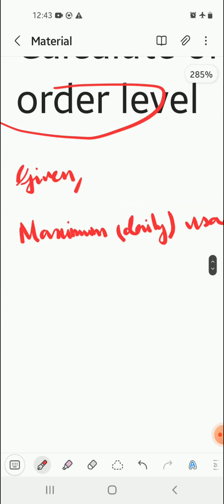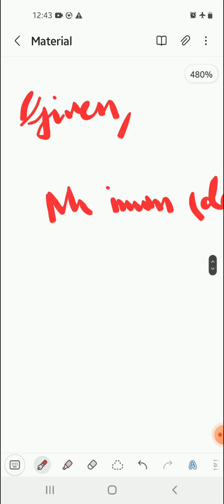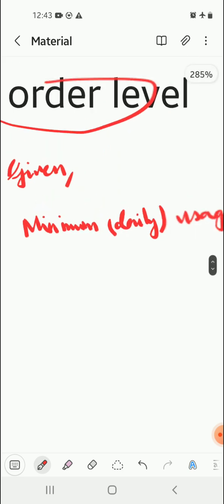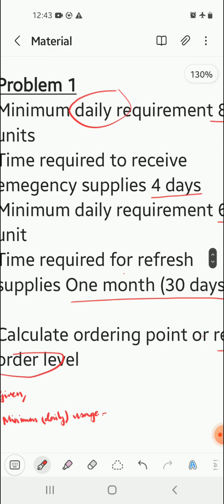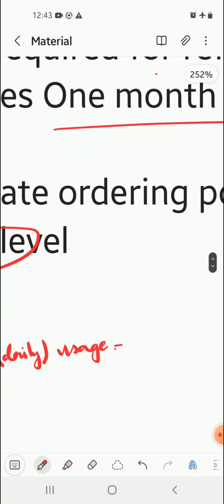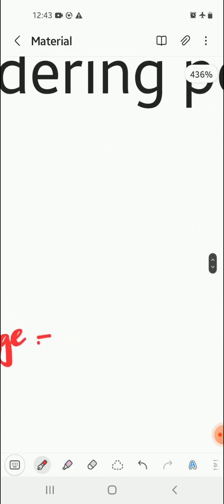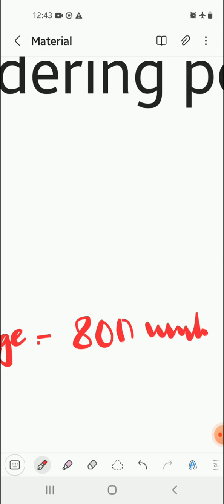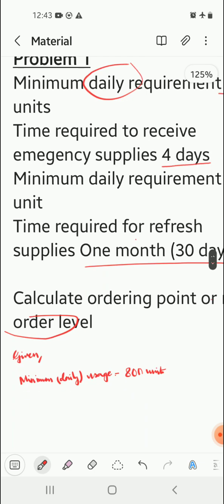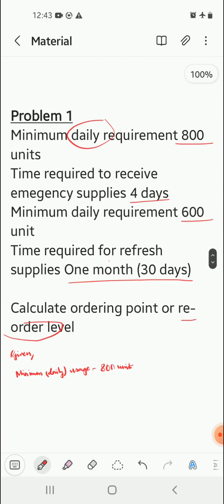Minimum daily usage is given. That is 800 units. So we are going to write 800 units here. And we have to find out what our lead time is. Lead time is not given, but you have to understand.